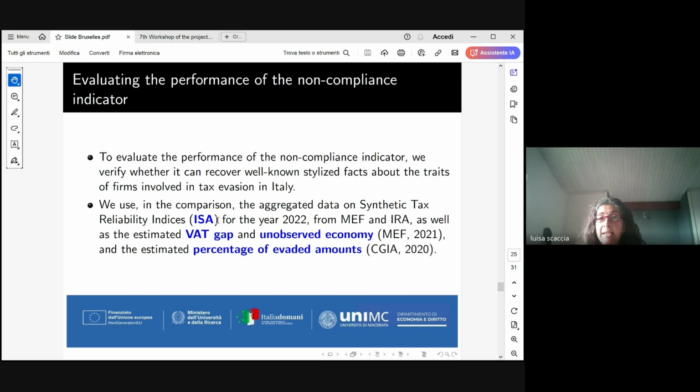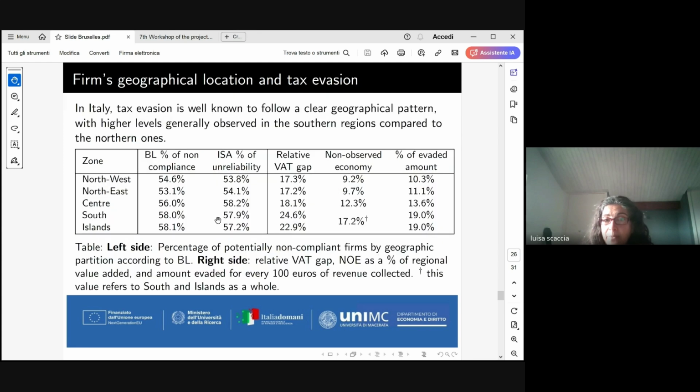They refer to each single economic firm and classify firms as reliable or not from a taxation point of view.